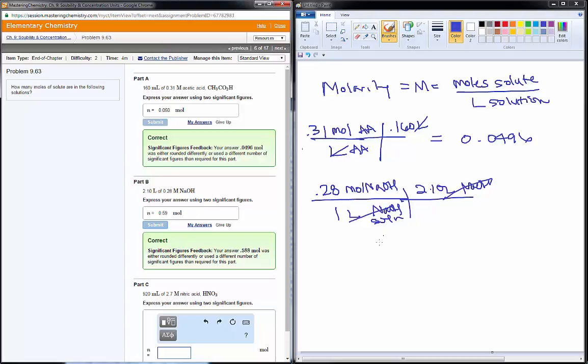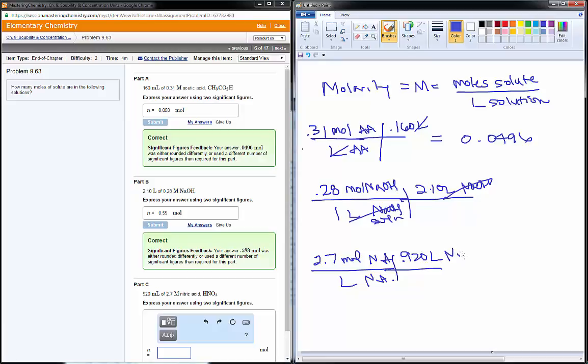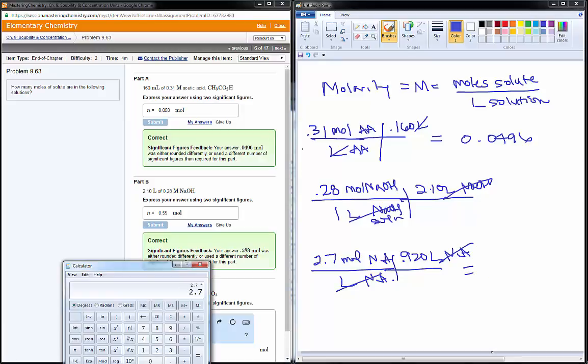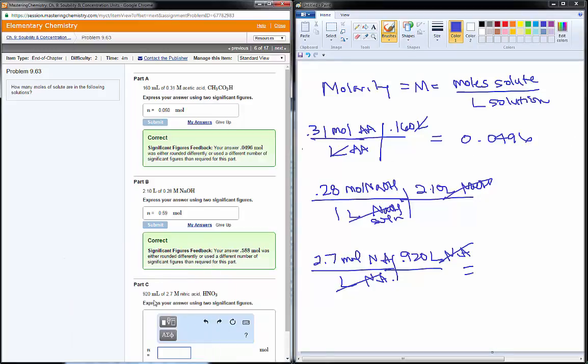And finally, if I have 2.7 moles per liter of my nitric acid solution, and I have, in this case, 0.920 liters of that nitric acid solution, calculate that I have 2.48 moles of nitric acid in that solution.